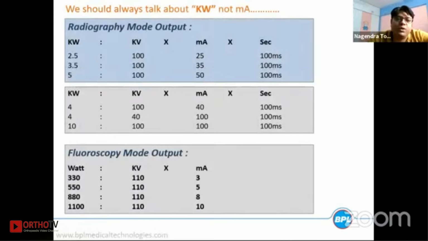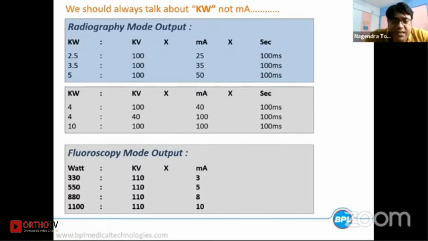Let's talk about kilowatt again. Whenever we talk about C-arm output, it could be 2.5 kilowatt, 3.5 kilowatt, 5 kilowatt, 6 kilowatt, or higher. This is basically the radiographic mode output.